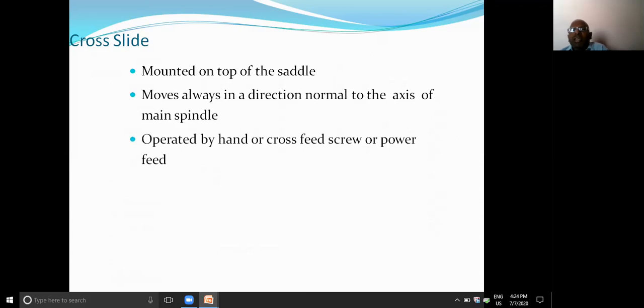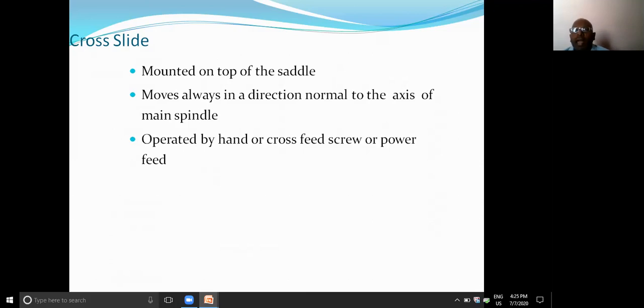And if it is a larger component, or a component which requires uniform feeding, it is not possible to give uniform feed by manual power. In that condition, by using the lead screw mechanism, this cross slide obtains an automatic feed mechanism.